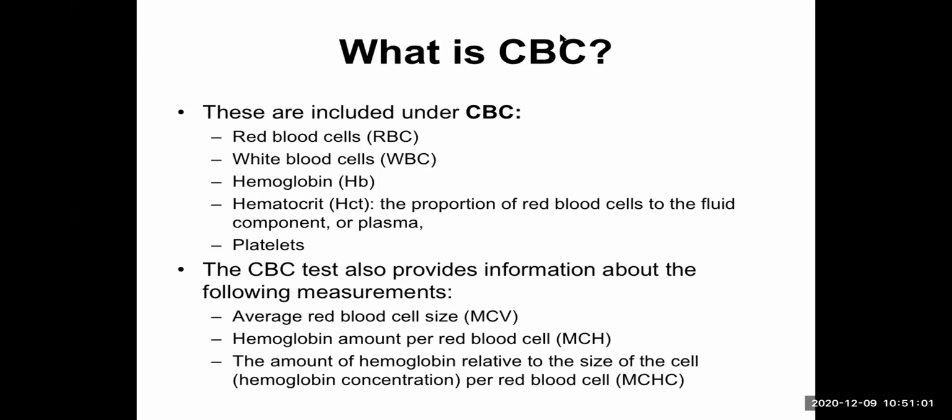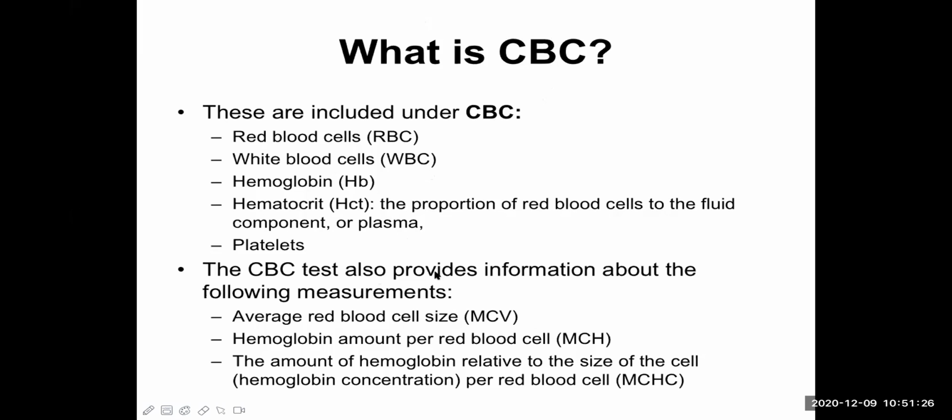If you order CBC in any lab, this is the report they will provide to you. Now, hematocrit means the proportion of red blood cell to the fluid component or plasma. It is also known as packed red cell. Packed red cell means only the red cell component is called hematocrit.